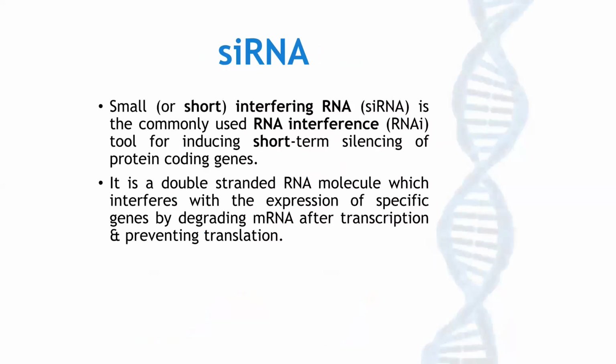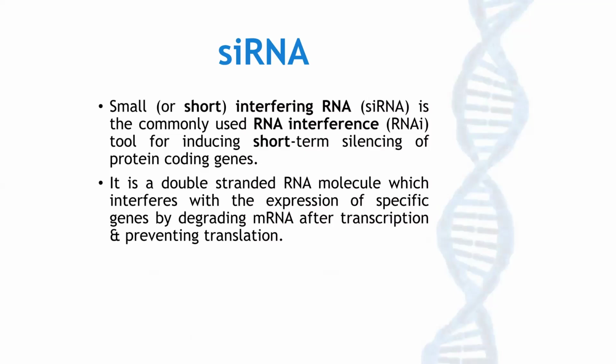And we have different types of gene regulation. We have short term and long term. Short term is when you silence a gene, or block the expression of a gene, for a short period of time.